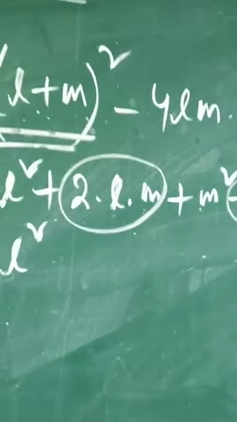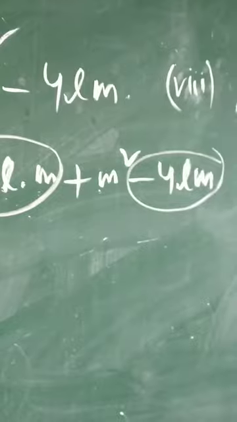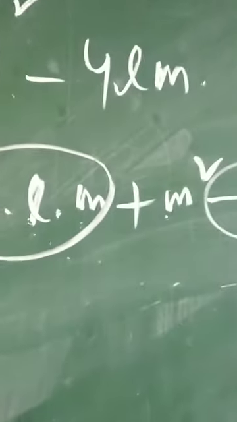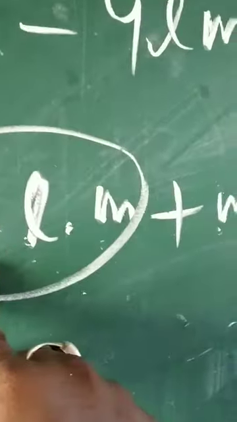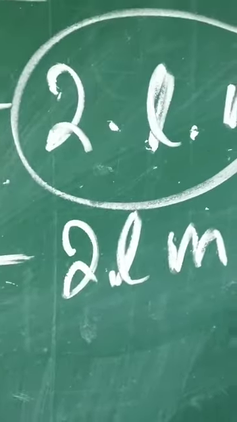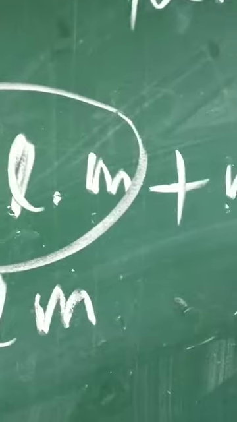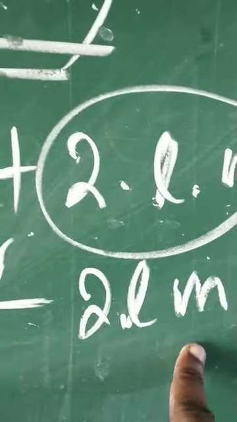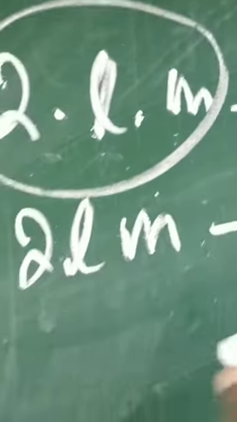They can be combined, 2lm and minus 4lm. So this is what I'm going to do right now. Plus 2lm minus 4lm is minus 2lm, plus m square.